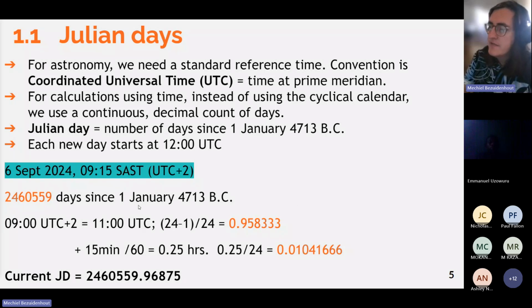And then there's another 15 minutes to add to that. So you take 15 minutes divided by 60 is 0.25 hours. Divide by 24 hours gives you that decimal that you add together all of the orange numbers to give you the current Julian date, which is this long timestamp.